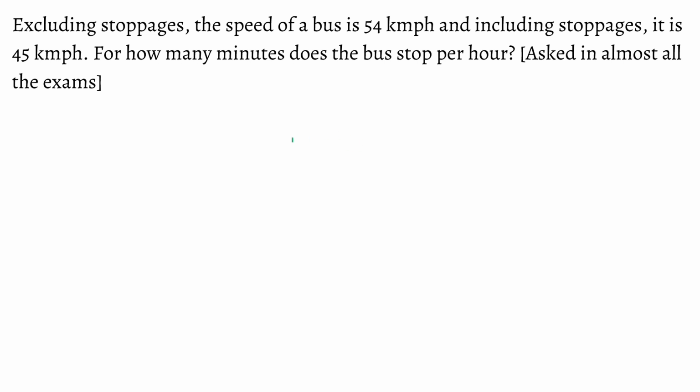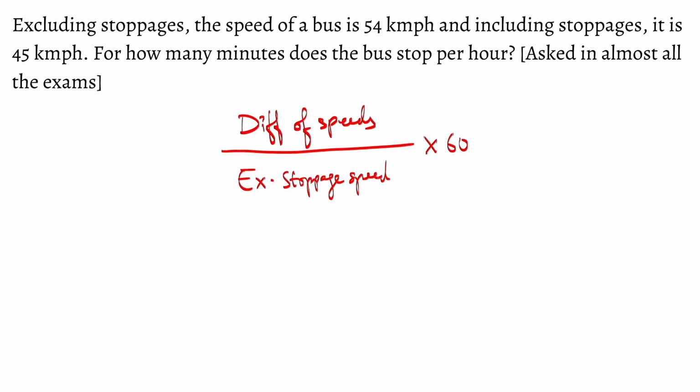So we can use this shortcut. I will write it down here. The difference of speeds by the excluding stoppage speed into 60. This excluding stoppage speed is also known as the higher speed, right? So the difference in speeds here, what is the difference? 54 and 45, that is 9.